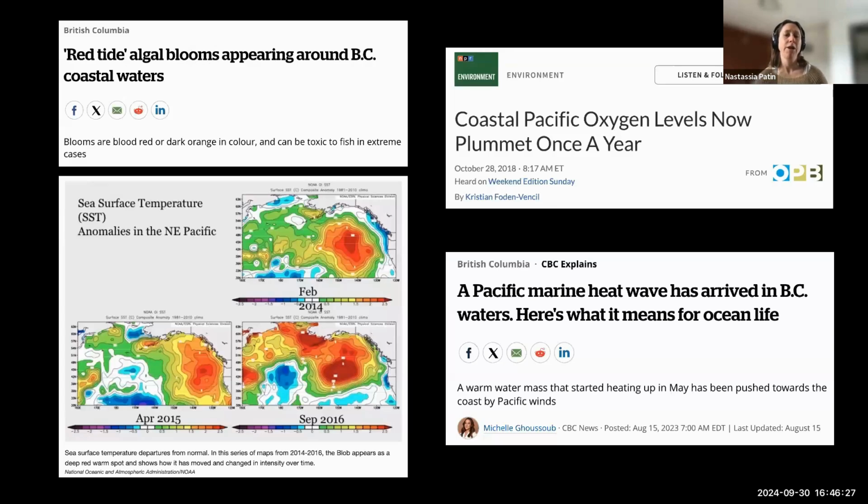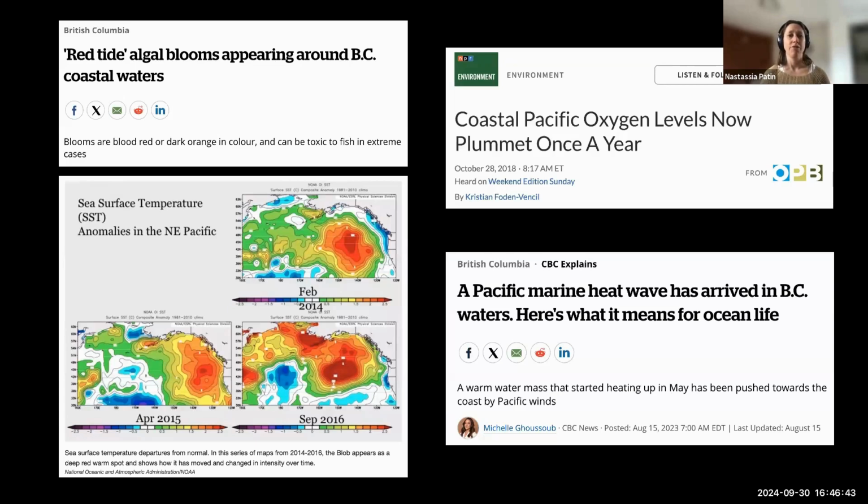And so part of the motivation for this is that there is increasing evidence of these system-wide effects that we're seeing, where what happens in Southern California is going to be affecting what happens off the Pacific Northwest.